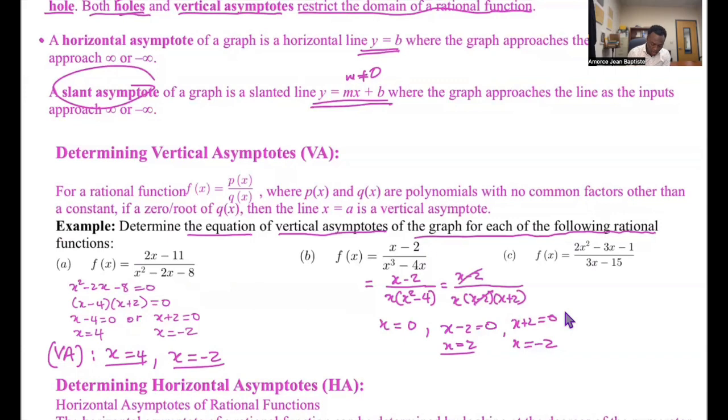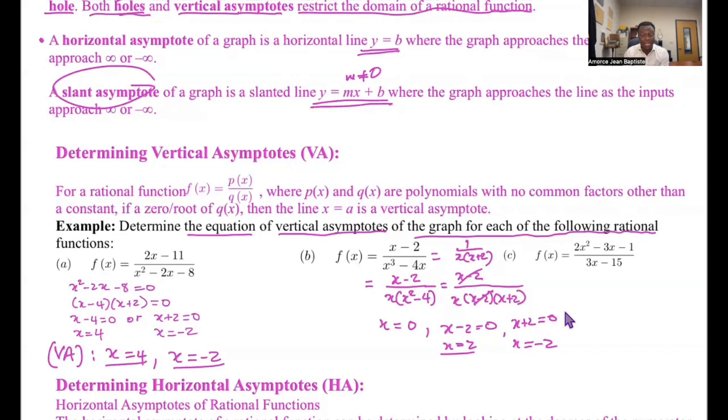So your new function is now 1 over x times x plus 2. But that doesn't mean that the x minus 2 disappears.